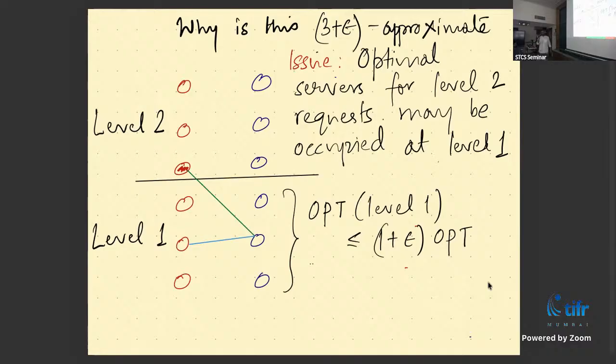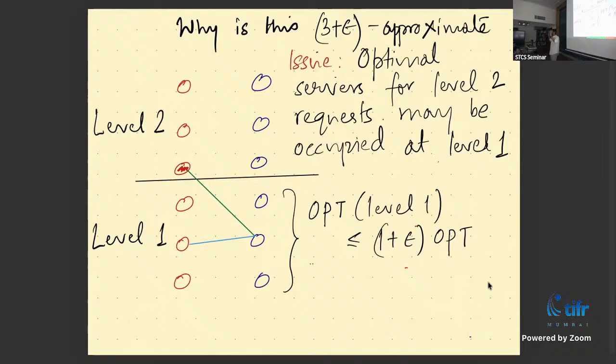And the intuitive idea is that, remember, I am sort of doing this 2-level algorithm. So things are pushed from level 1 to level 2. Now, imagine that in a real optimal solution, this request was matched to a server that was taken away at level 1. And now this guy does not have access to this server anymore, right? It was taken away at level 1, because at level 2, I'm just running an independent algorithm.